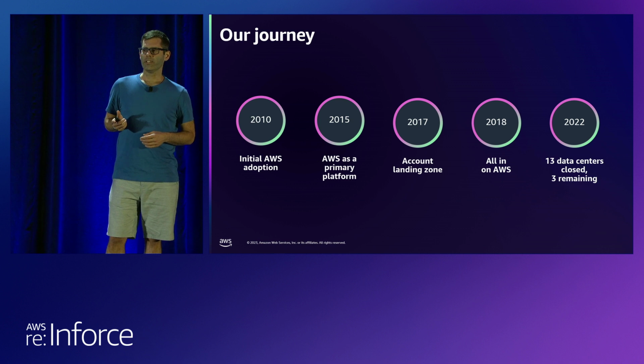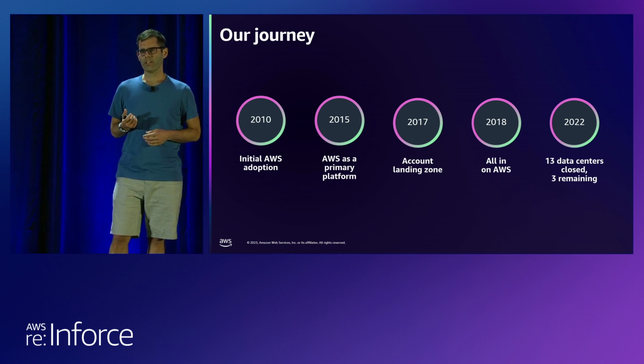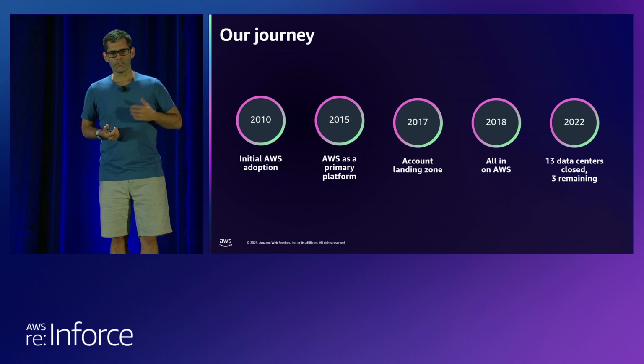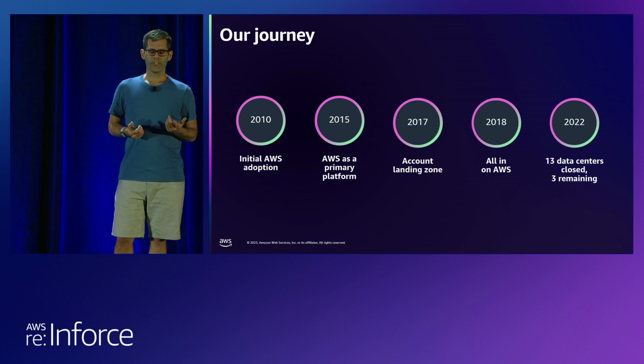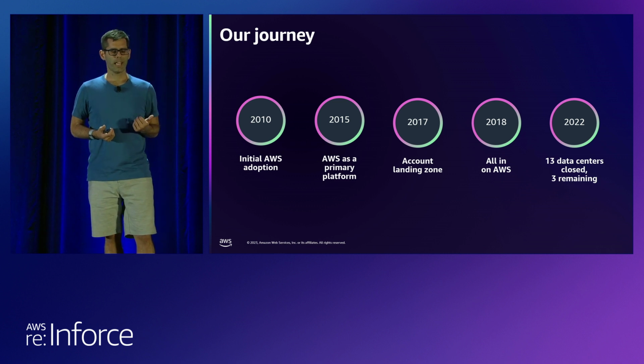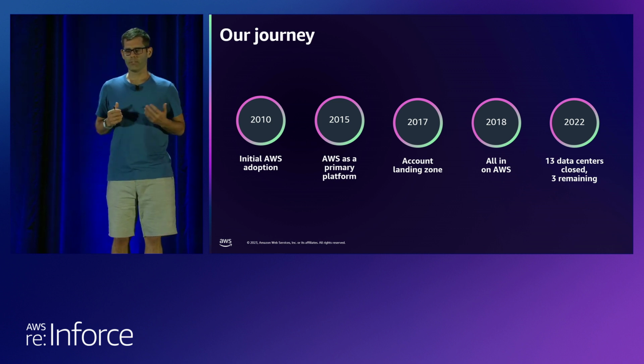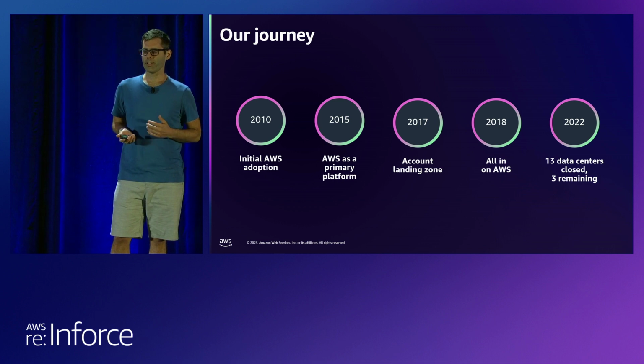But that decision of going all in with AWS allows us to take a look at the tooling that we have in place for concerns like vulnerability management and focus on those tools that are cloud native, that are built for AWS, services like Amazon Inspector, that can handle our challenges of using AWS at a large scale with diverse architectures in place.